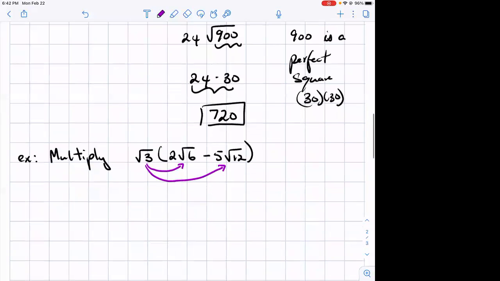Keep in mind there is a coefficient of 1 here. So 1 times 2 is 2, and radical 3 times radical 6 is radical 18. Then distributing again, 1 times minus 5 is minus 5, and radical 3 times radical 12 becomes the root of 36.